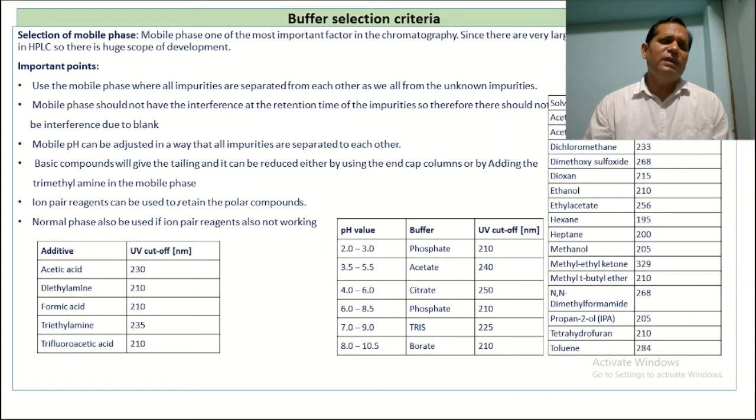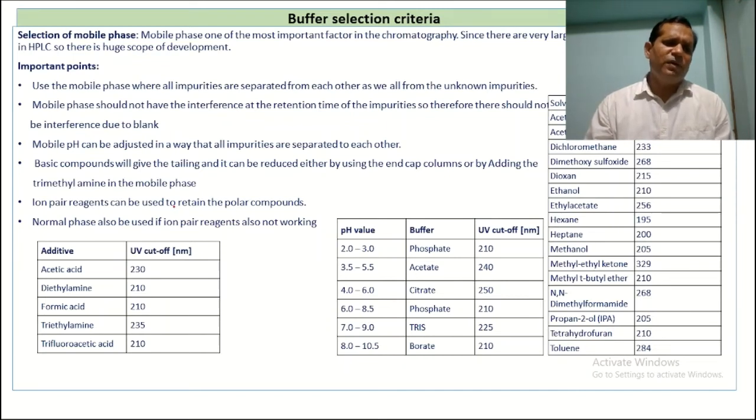We can use this type of compound for basic compounds, meaning compounds containing amino groups or hydroxyl groups. So in that case we can use the anionic ion pair to retain the basic compound. The ion pairs are active only for ionizable or polar compounds. They will not work for neutral compounds.